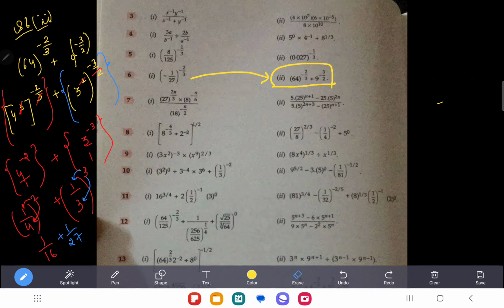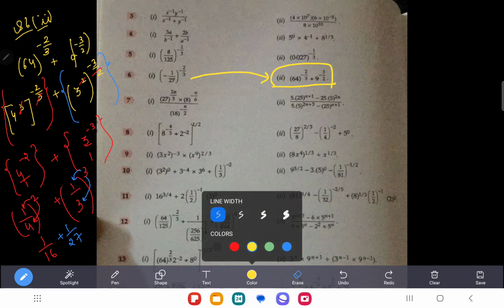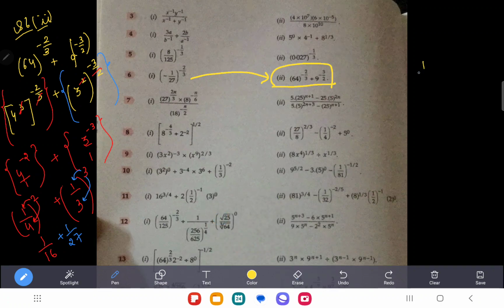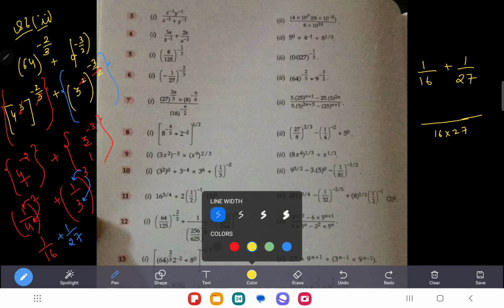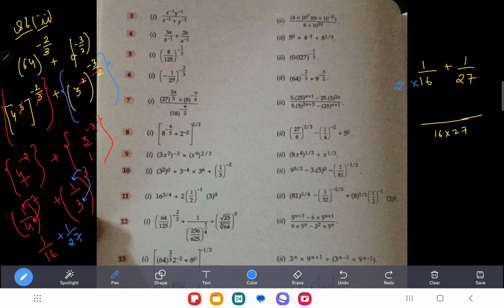Is that the answer? Now you have to take the LCM. Do you know how to take the LCM? 16 times 27 because nothing is common, the common denominator. So you multiply this with 27, both sides, and you multiply this with 16, both sides.